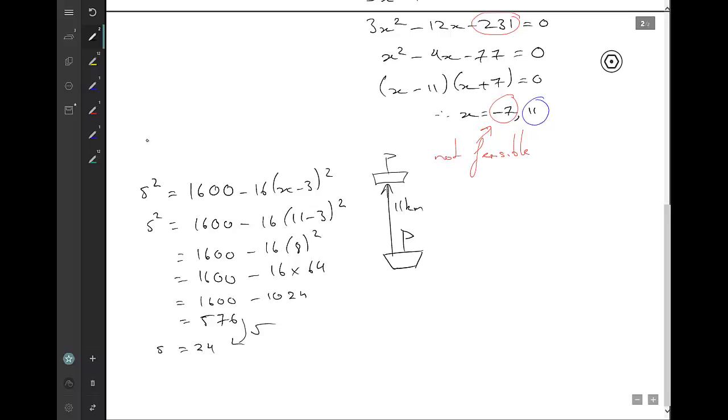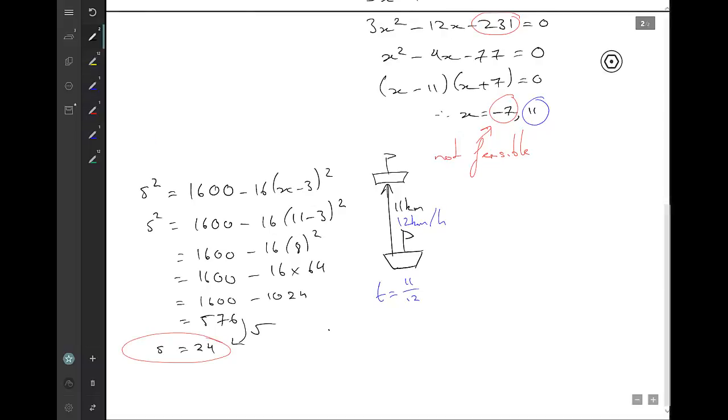Now, given that it's traveling at 12 kilometers per hour, it would have taken it, so t is equal to 11 on 12. So after 11 on 12 hours, how far away is the cruiser? Well, we know that the cruiser's speed, as we just found, is 24 kilometers an hour.